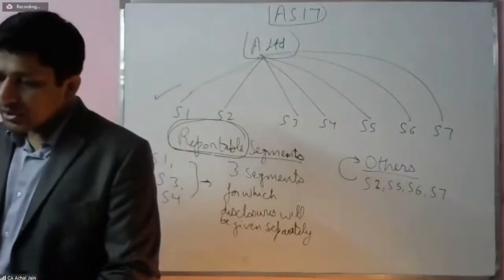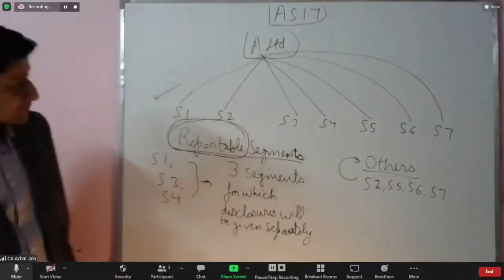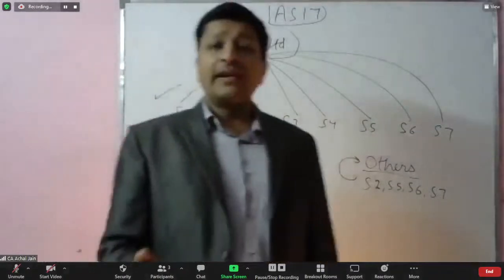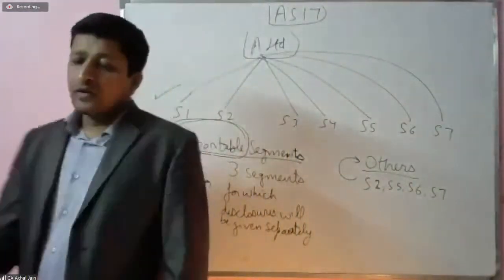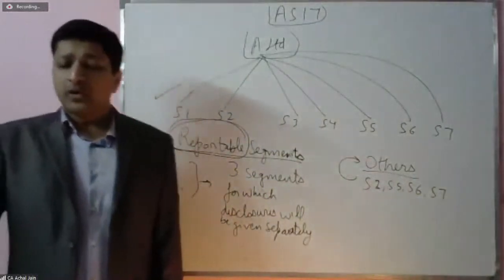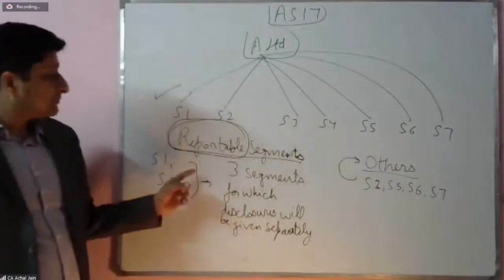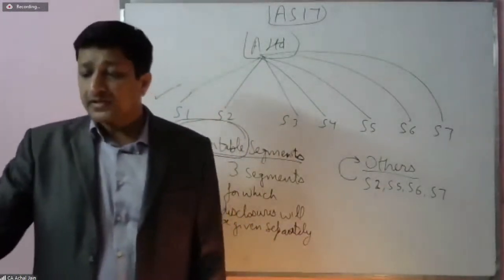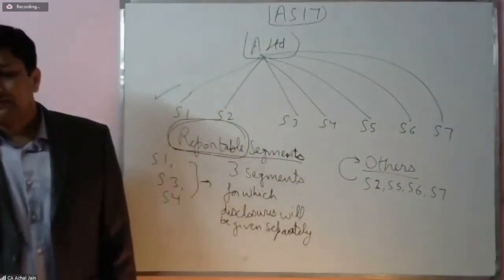Continue with our discussion. So now we need to understand how a segment will become a reportable segment. For a segment to become a reportable segment, for which disclosures will be given in the financial statements, certain criteria is specified.